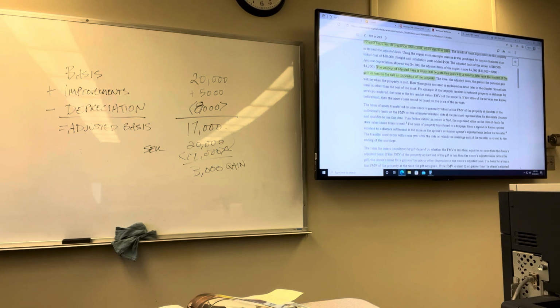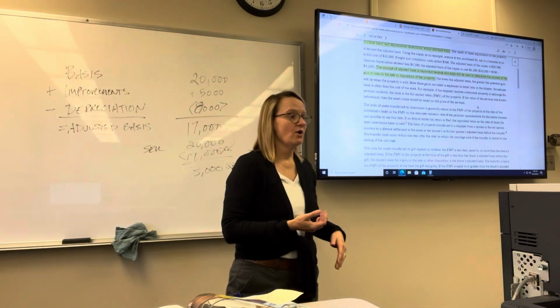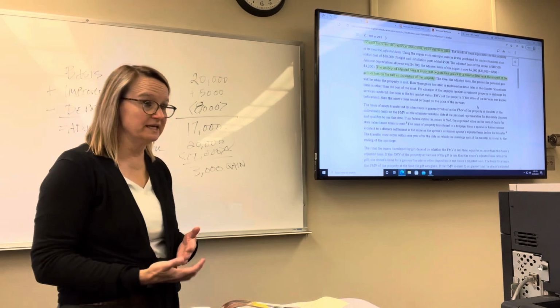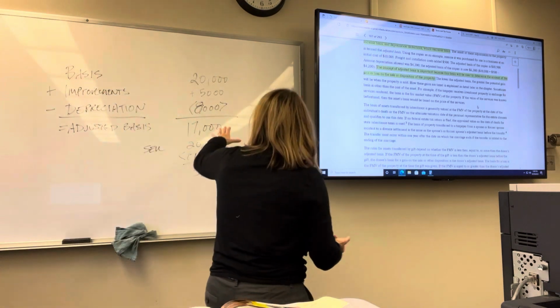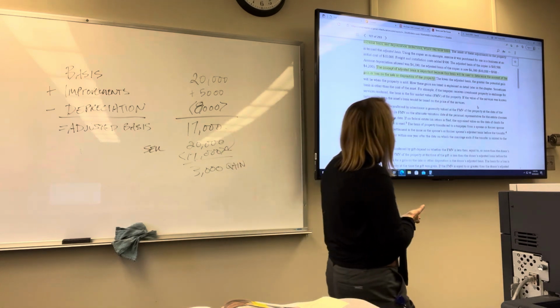Now, it's really simple when we purchase the asset, figuring out what that basis is. But as we sort of saw in the last chapter, when we obtain that asset in some other way, like through inheritance or through an exchange or through a gift, it's a little bit trickier to figure out what that basis might be.